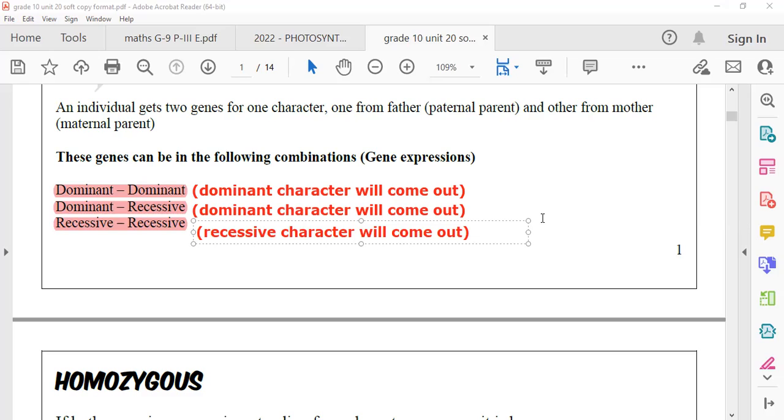So to bring this recessive character in my body, my father would have given me the recessive gene for can't roll tongue. The mother also has given me the recessive gene for can't roll tongue. Because of that combination, I am showing the recessive character, can't roll tongue.